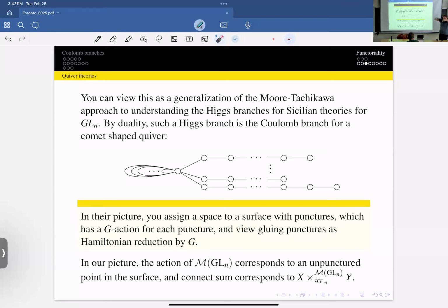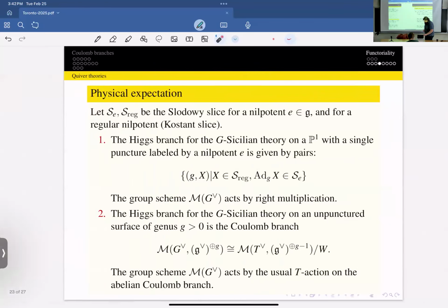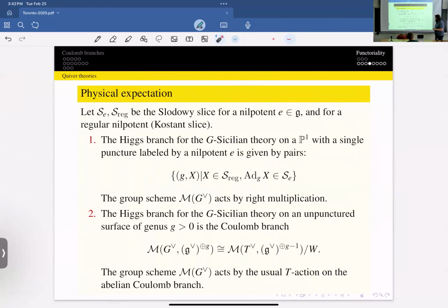It's making a new puncture at the two points and then gluing them together. All right. So in general, this thinking inspired us to try to give a description for more general Sicilian theories.